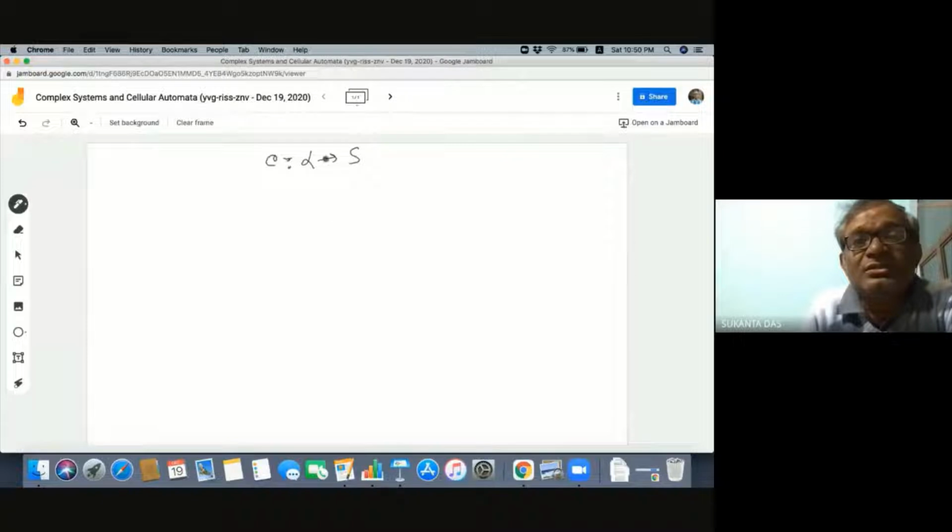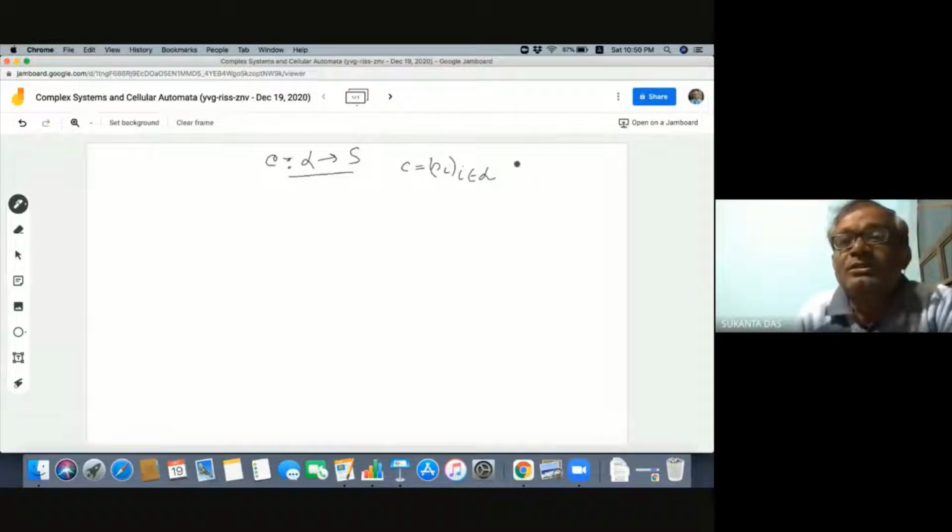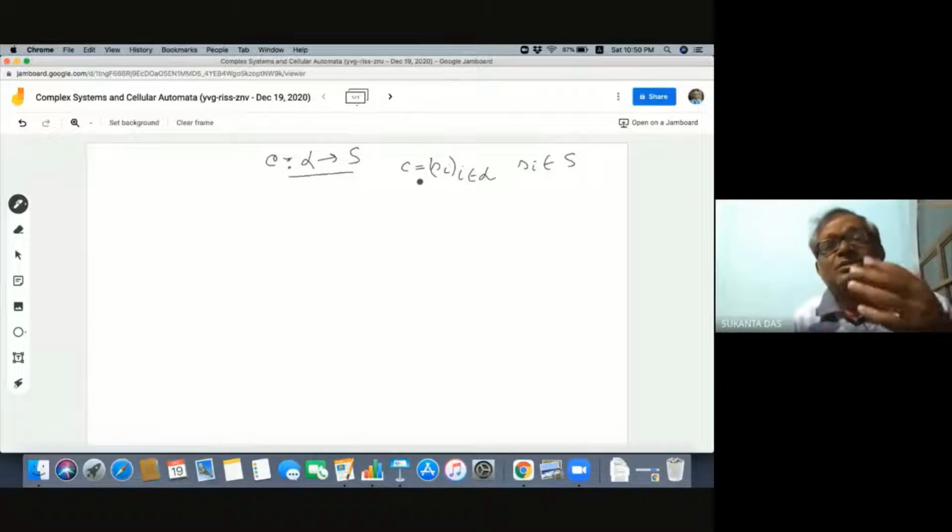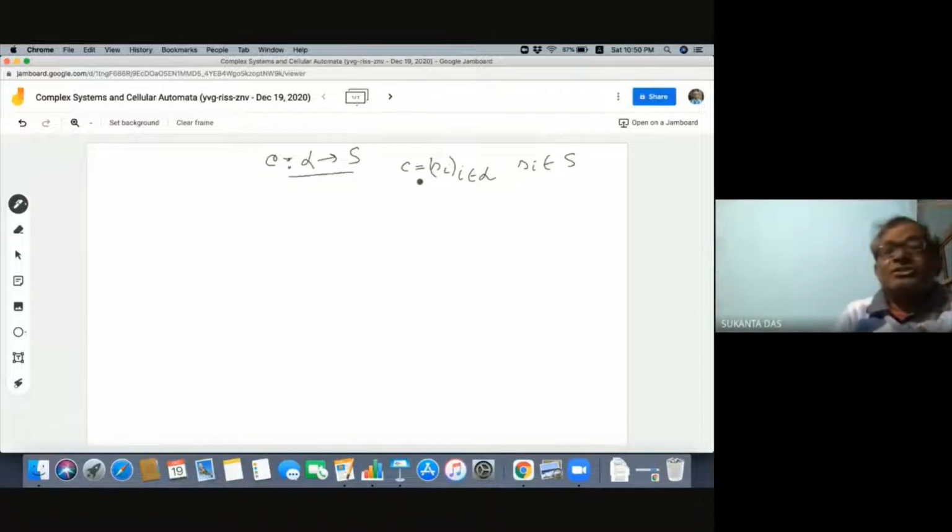So c is a configuration from L to S. From this, I want to represent it as this one. So i belongs to L, and where s_i belongs to S. That is okay. From this definition, I can get the configuration of the assignment.